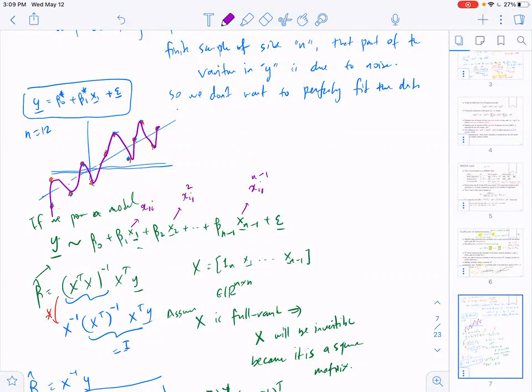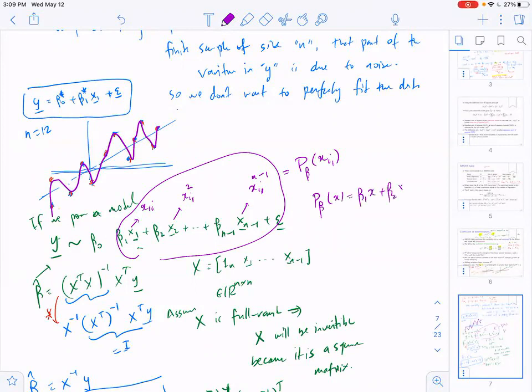So I have the single covariate that I had, and I just keep adding the powers of it. This would be a polynomial in x_i1, where the polynomial p of beta is beta 1 x plus beta 2 x squared, dot dot dot, beta n minus 1 x to the n minus 1.